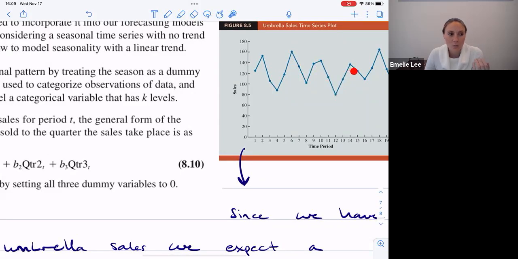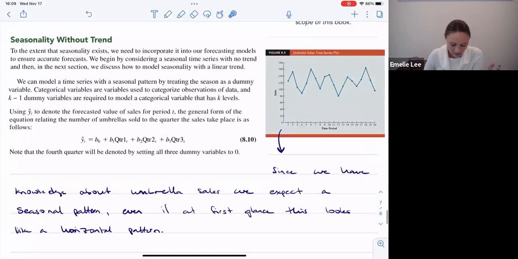What we could do is play around with the quarters. You would make k-1 dummy variables, because that's how we deal with categorical data. Is it in quarter 1, quarter 2, quarter 3, or quarter 4? That's a categorical variable. So we create 3 dummy variables, because the 4th is just all of them turned off.